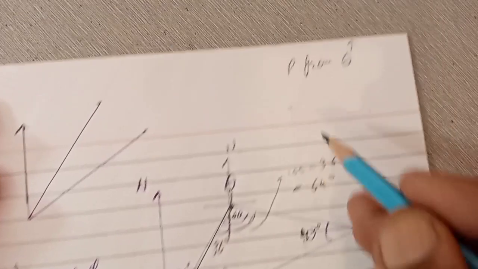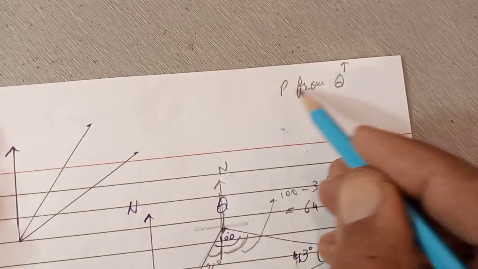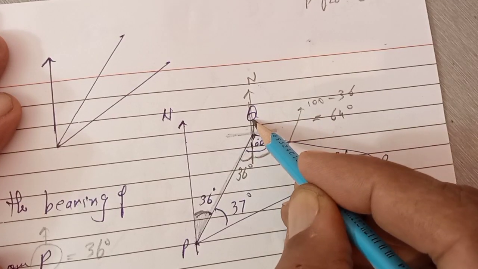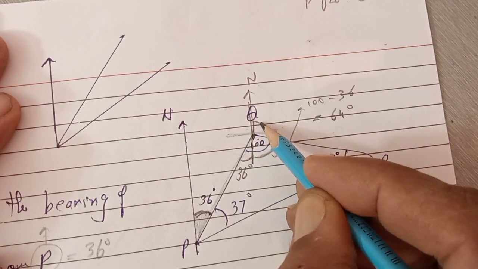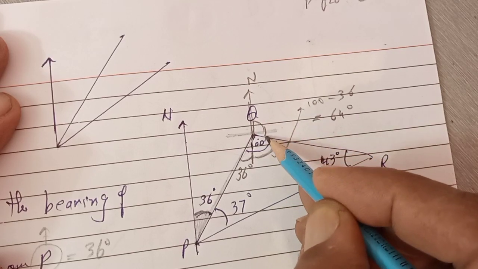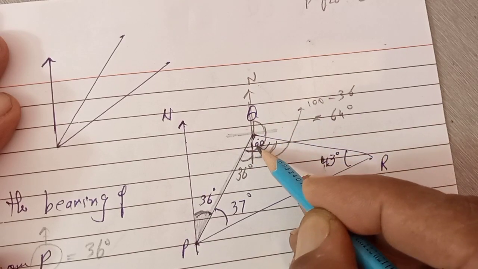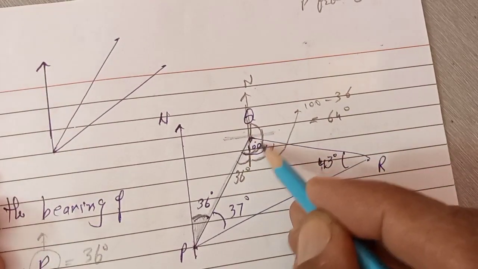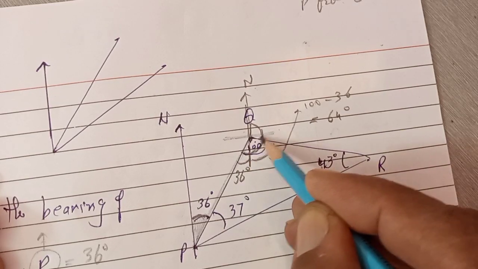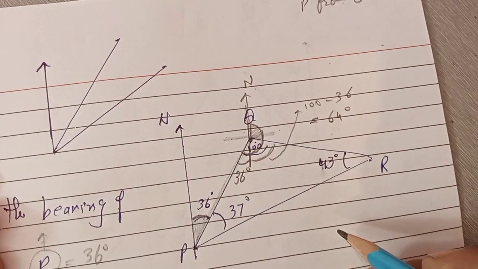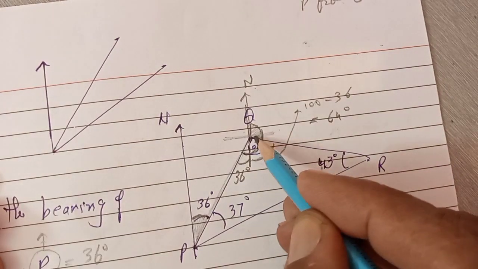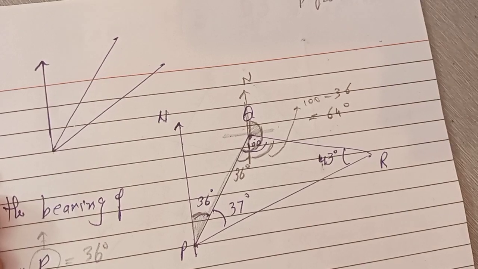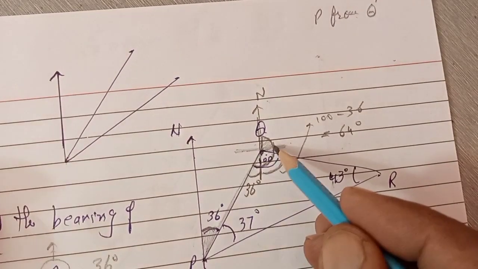Now we have to calculate the bearing of P from Q. What is this? This is Q. Start from the north pole at Q. Okay, look, and then move over here. You have to calculate this angle. But this whole angle is 100, and we do not know how much this angle is.